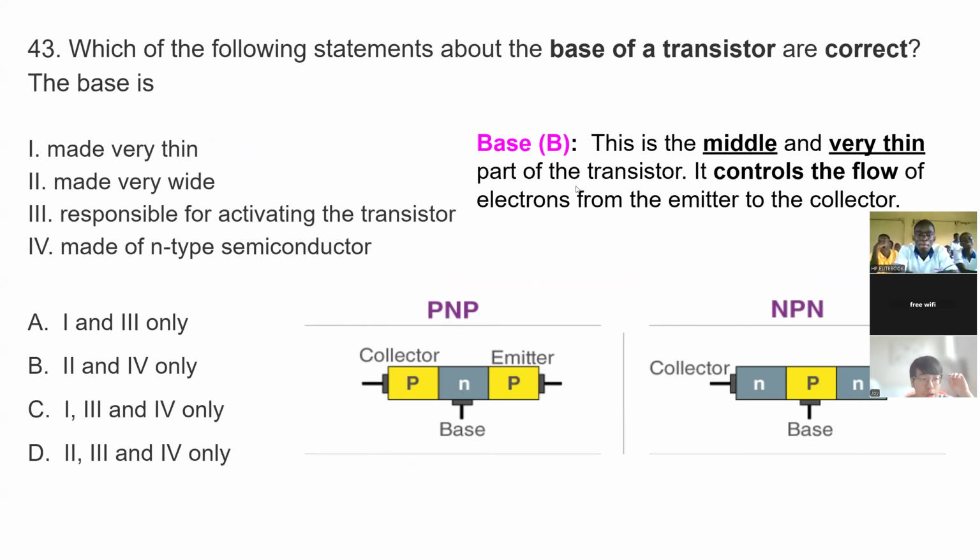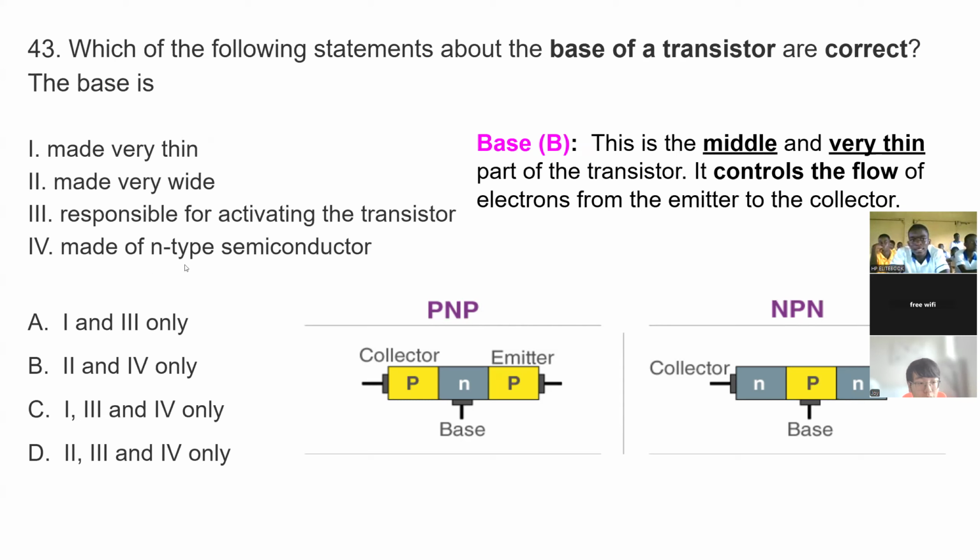So let's try this question. Which of the following statements about the base of a transistor are correct? One, made very thin. Two, made very wide. Three, responsible for activating the transistor.